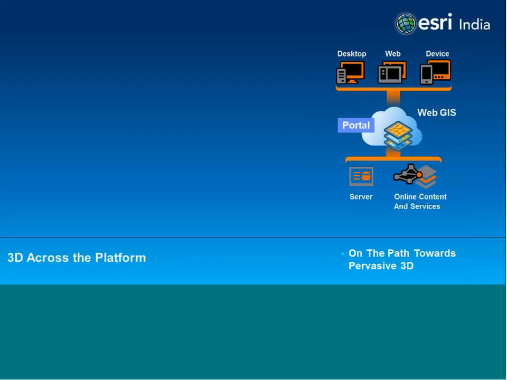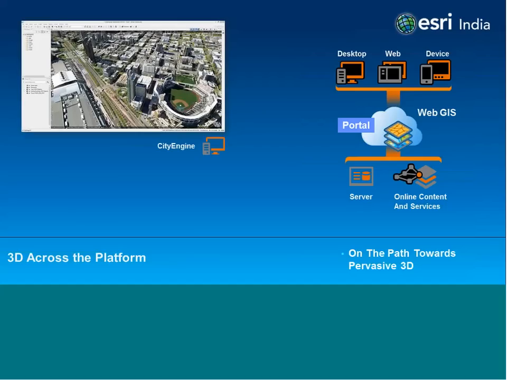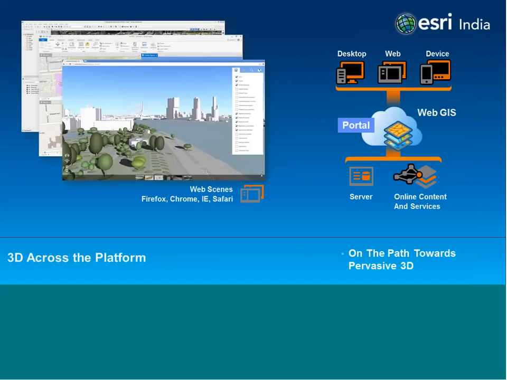Now this 3D software is available to you on all the platforms. That is the City Engine at the desktop level. Then we have ArcGIS Pro with 3D Analyst. If you want to do your analytics on top of the 3D data sets, you have this 3D extension available with ArcGIS Pro, which will help you do your analytics in 3D. If you want to visualize your data, you have web scenes available.